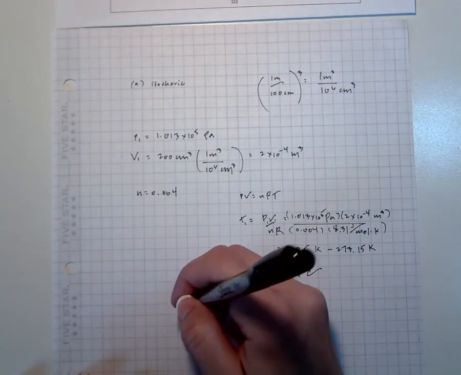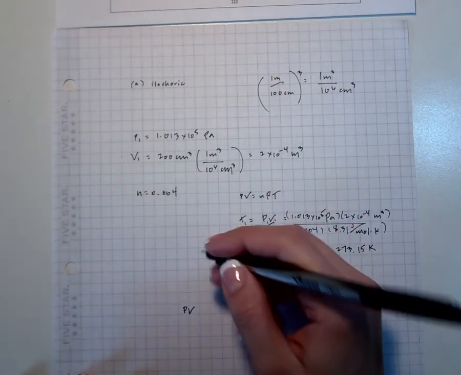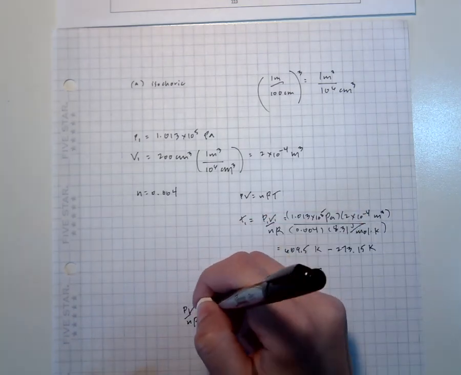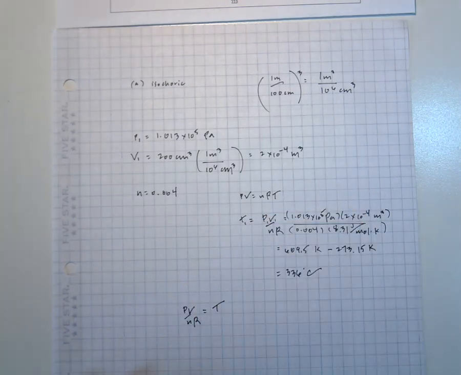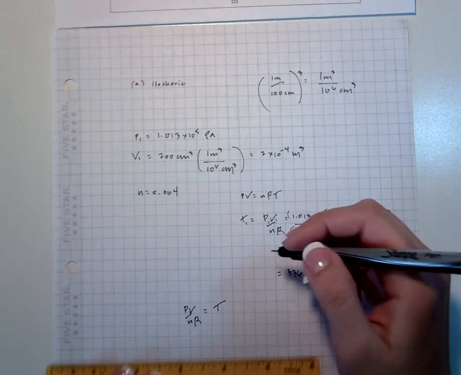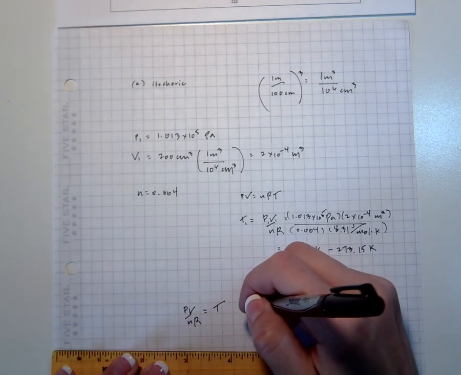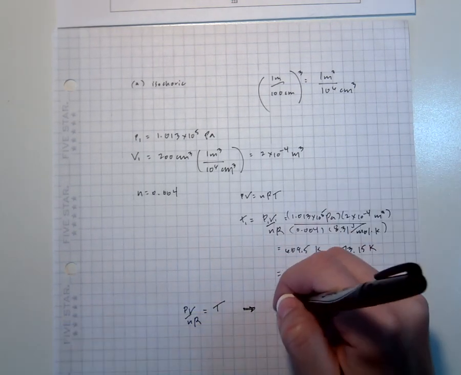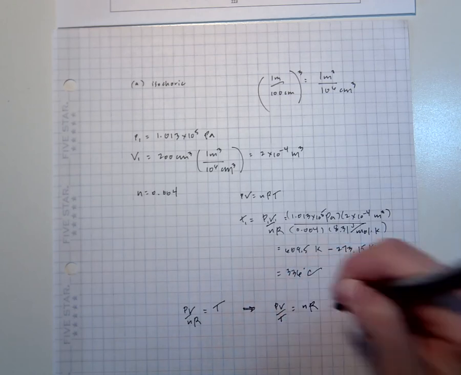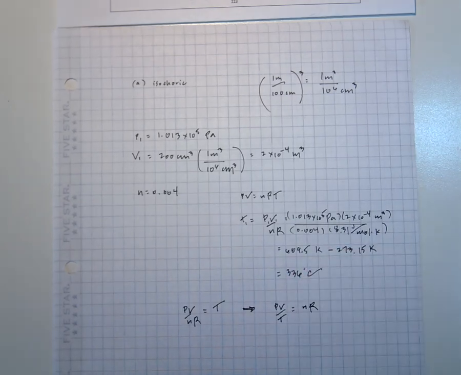So actually what we can do, we know PV over nR is equal to the temperature, right? So we could use that, but we also know PV over T is equal to nR.